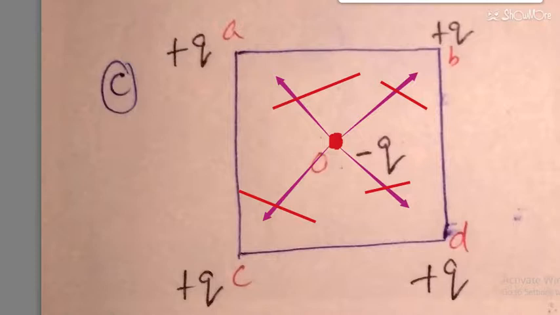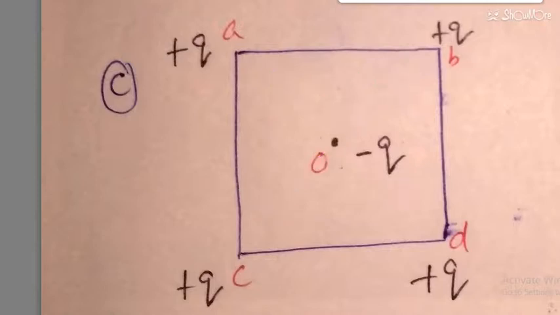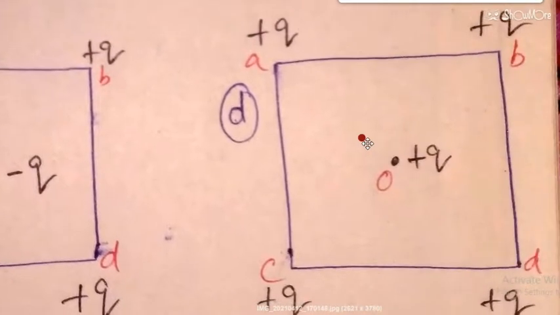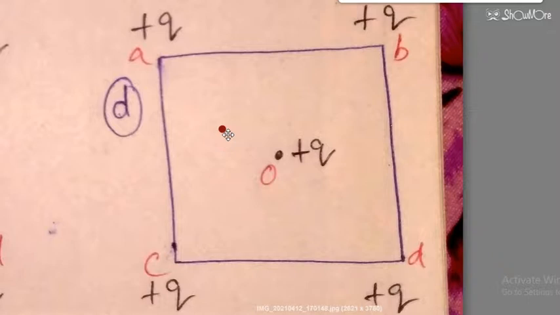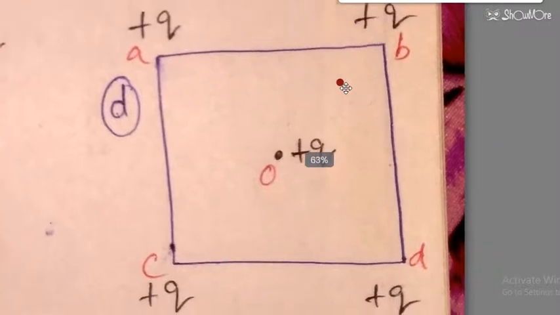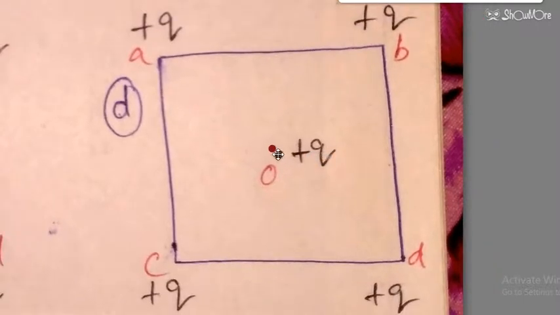Now we are going to discuss question number D. I will give the hint for D, and after that you have to solve this question. The hint for D is: the first charge, positive charge placed at A, will repel this charge, so this will be the direction.